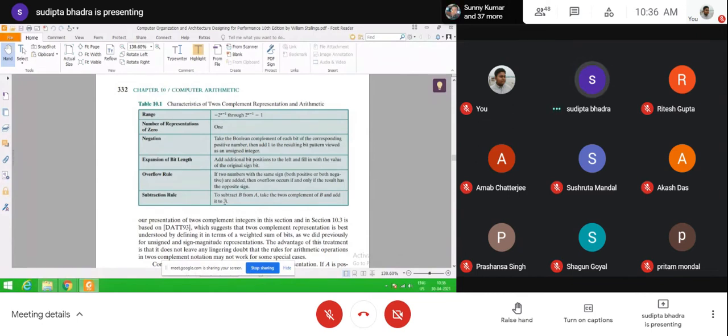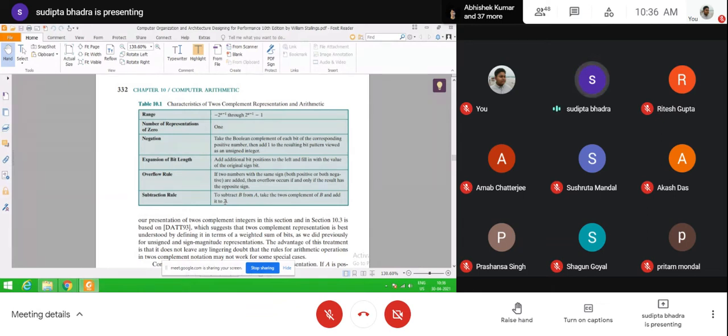So in subtraction, we are not performing any subtraction job at all. To subtract b from a, we take the two's complement of b and add it to a, and that gives us the result, a minus b.